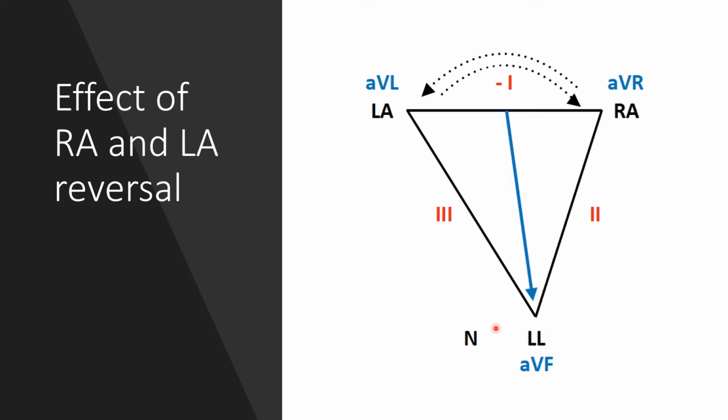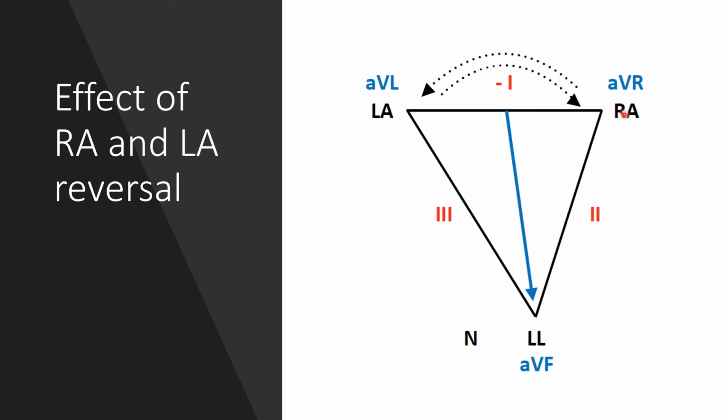and you can Google it to see all the criteria that you can use to discriminate these switches. But the most common lead switch is switching the right arm to the left arm, which is what we've been given in our ECG. So when you do that, normally your forces go from the right arm to left arm, so towards the left.